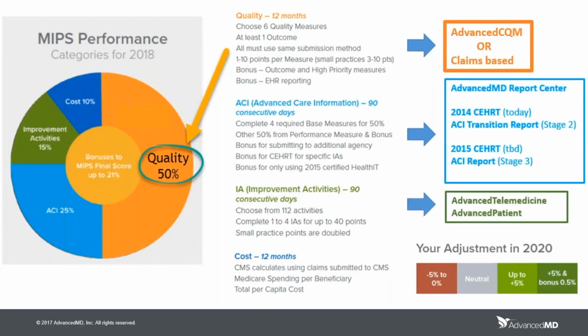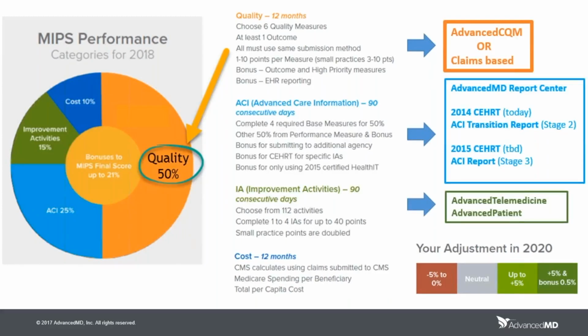Then we have the cost category. CMS calculates costs based on submitted Medicare Part A and Part B claims data, and there is no additional reporting requirements for clinicians under this performance category. The assessment is based on total per capita costs and/or the MSPB, which is your Medicare spending per beneficiary.